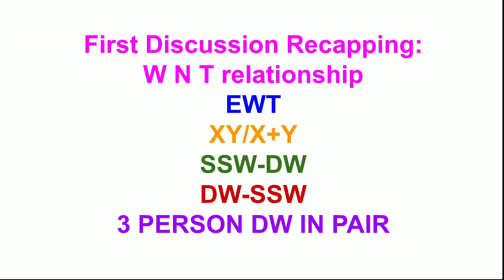In the previous topic, we have discussed work and time relationship, efficiency, work and time, xy divided by x plus y, single worker to double worker, double worker to single worker, and 3-person double worker in pair.